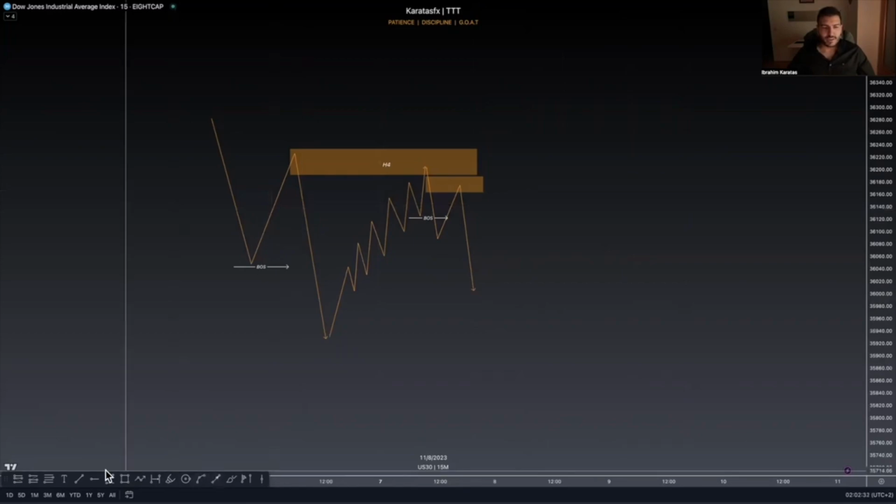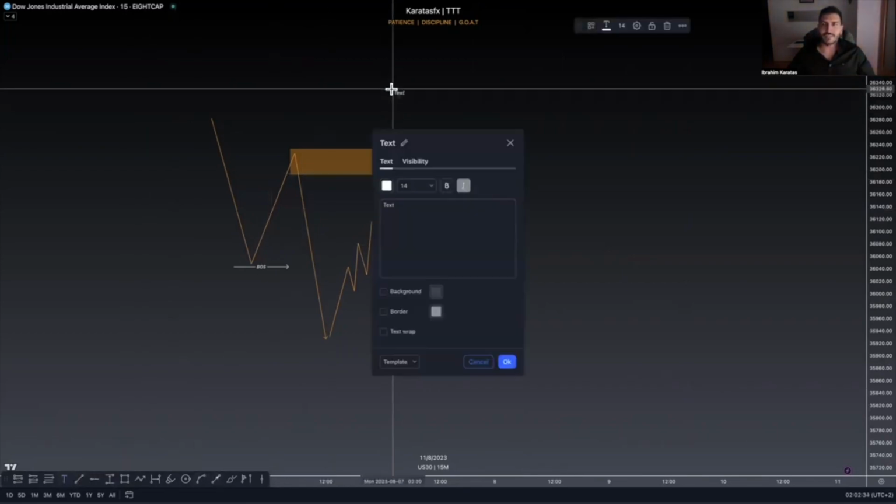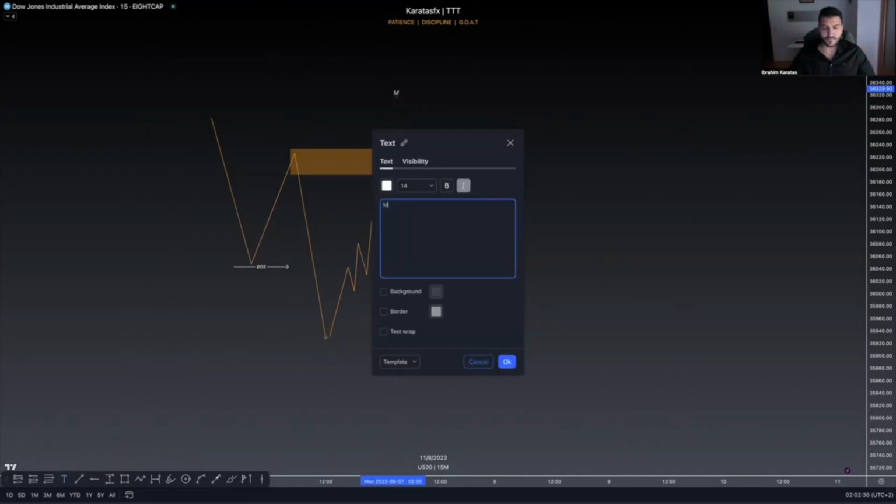Now take out your pen and write down this important thing. If you have a monthly zone, your confirmation you're going to see is most likely on the daily time frame. If you have a weekly zone, you can use H4 for confirmations. If you have a daily zone, you can use H1 as confirmations.